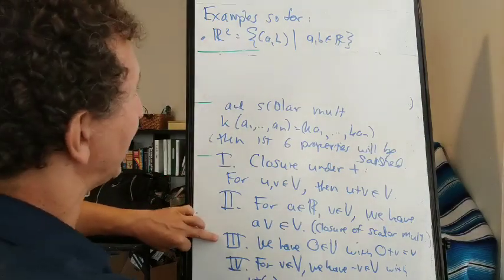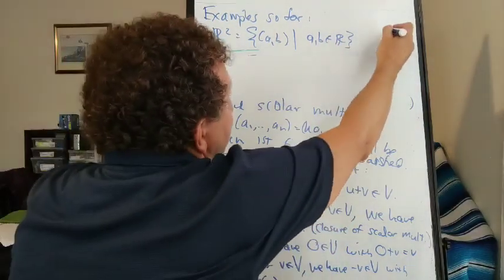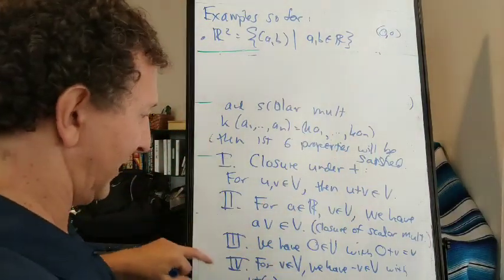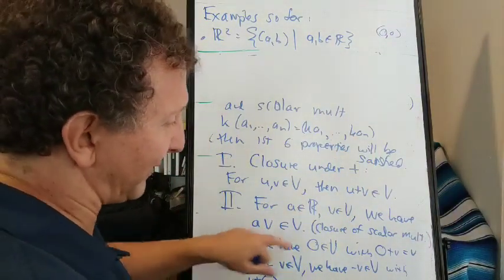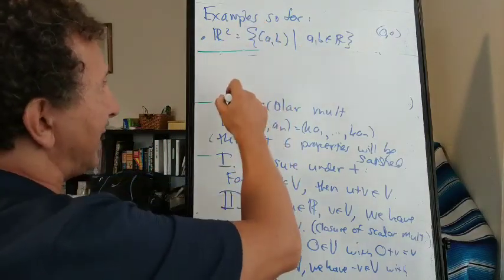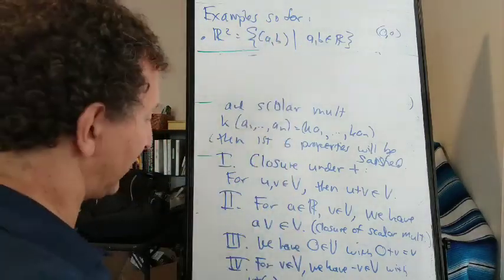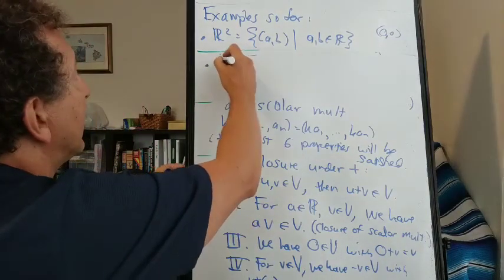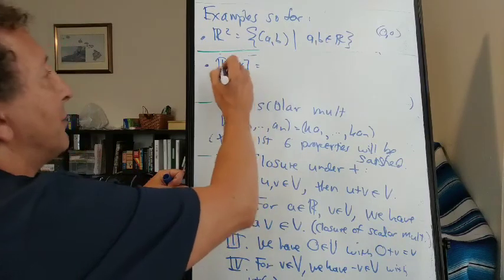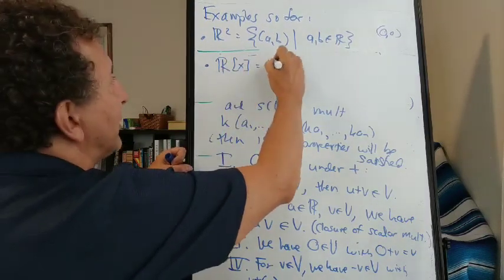We have a 0 element because 0, 0 is an element of the vector space. And for every element in there we have its negative, because if a and b are real numbers, then negative a and negative b are real numbers also. Another example we looked at are polynomials in X with real coefficients.